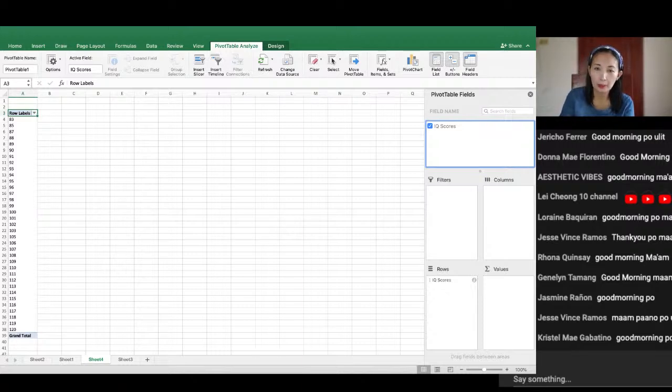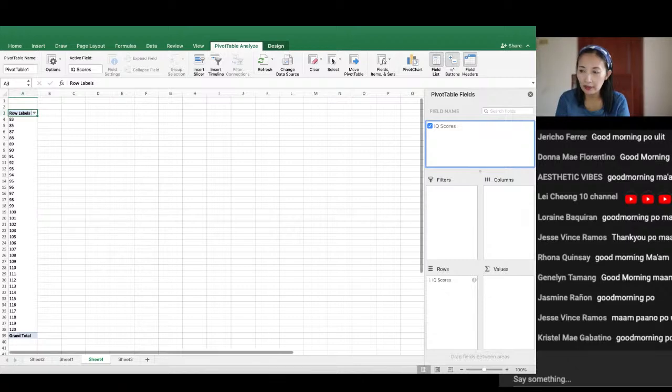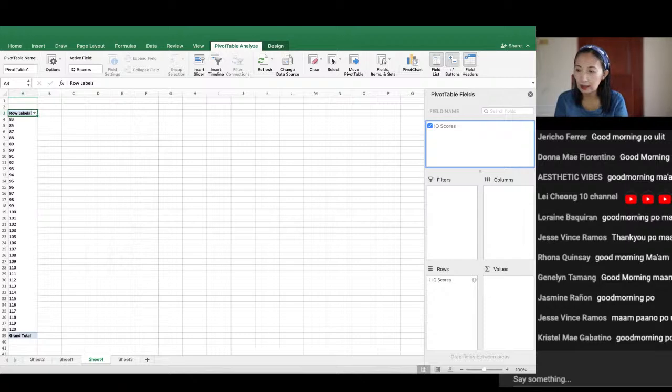Now, moving on. Go back to the pivot table field. This time we drag IQ scores to the summation values. There are 4 boxes: filters, columns, rows, and values.